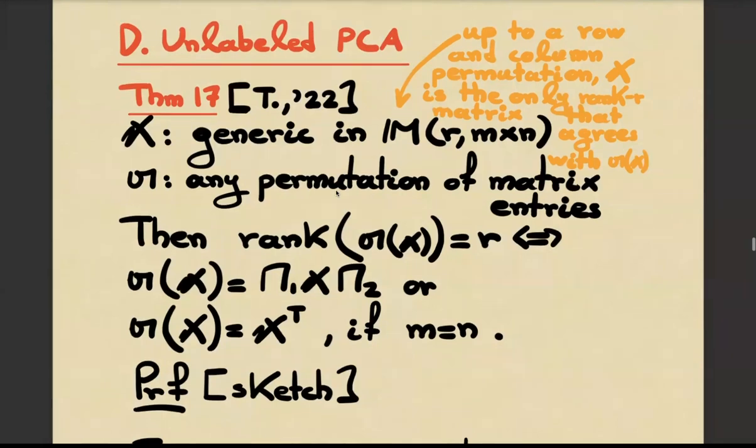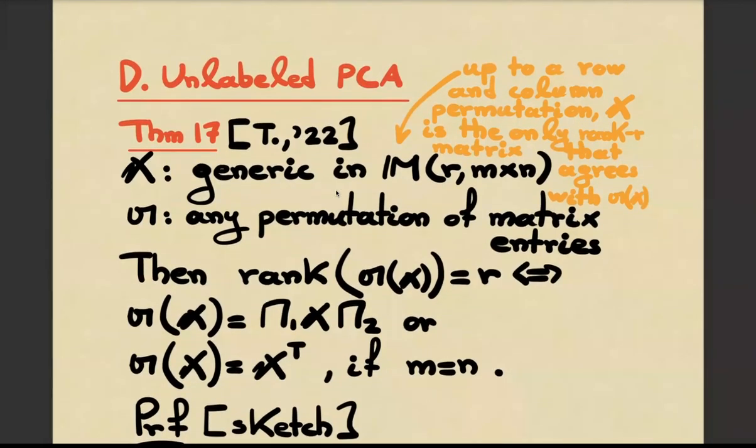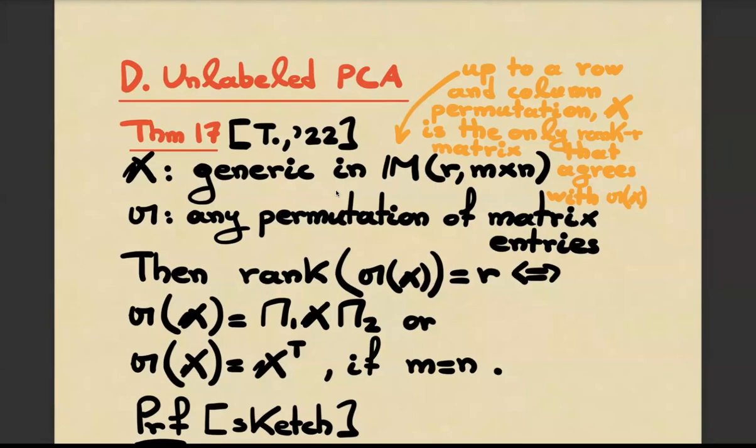Right. So, very good. I'm going to answer in two ways. I'm going to answer in a data science way, and I'm going to answer in an algebraic geometry way. So let's first answer the data science way.